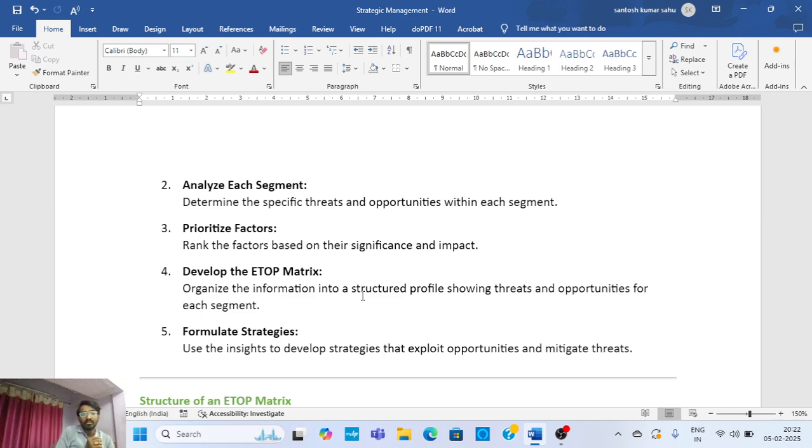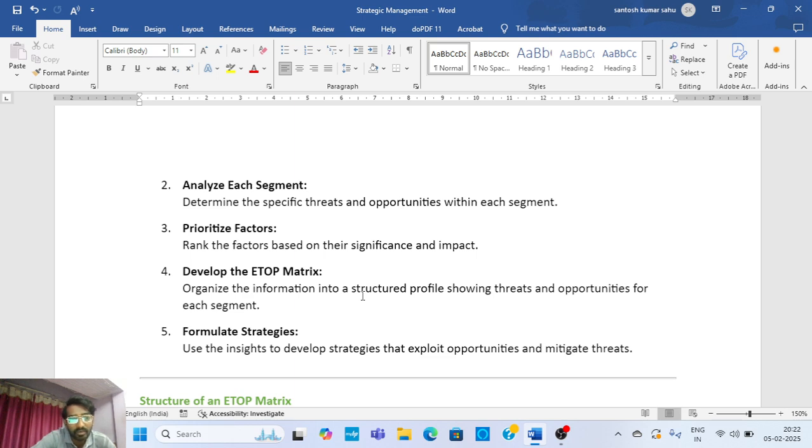Okay, when we do the ETOP matrix, it will show the positive external factors and negative external factors that could harm the company or can benefit the company, created as a structured profile.